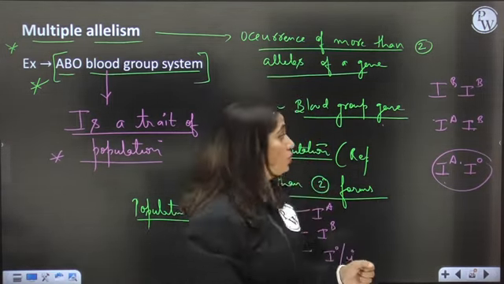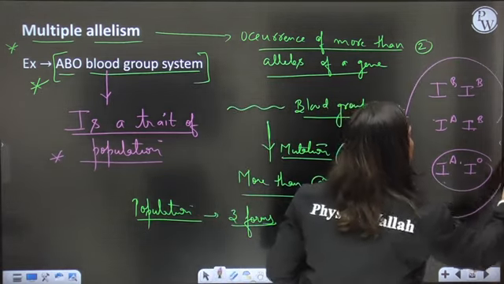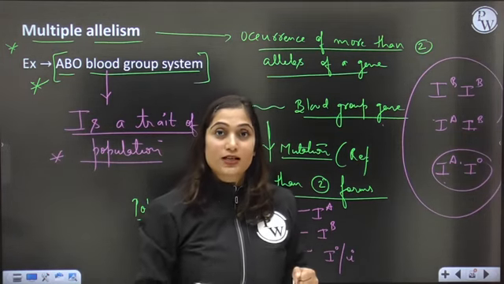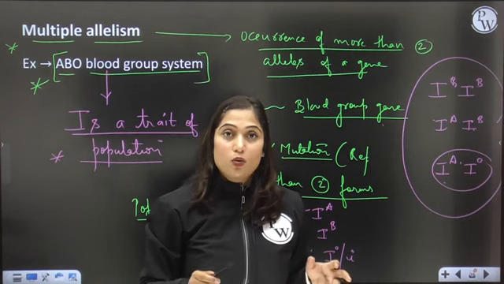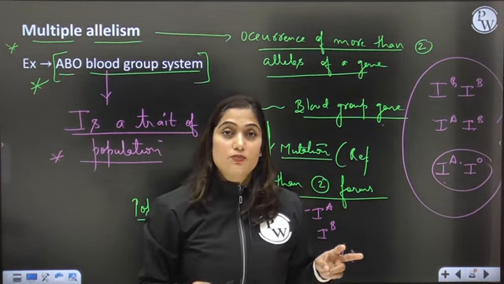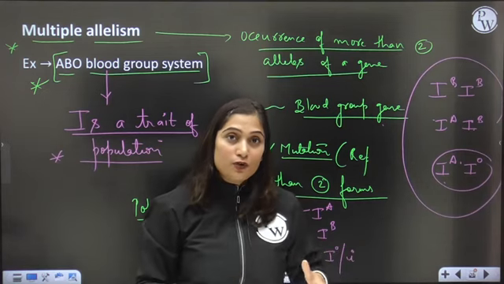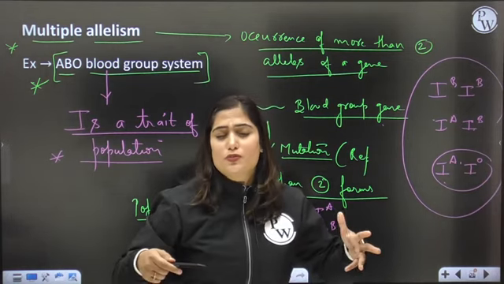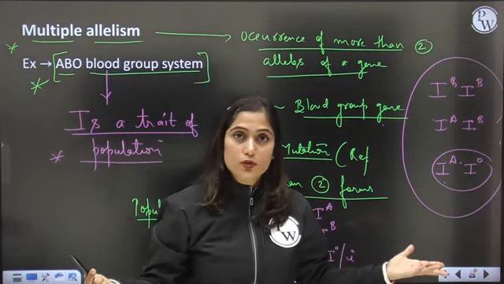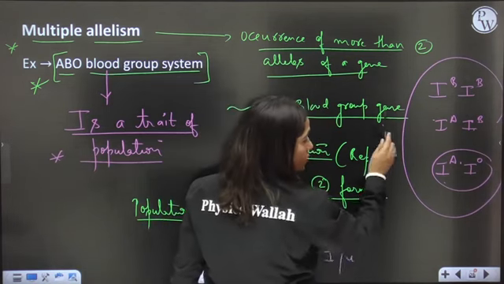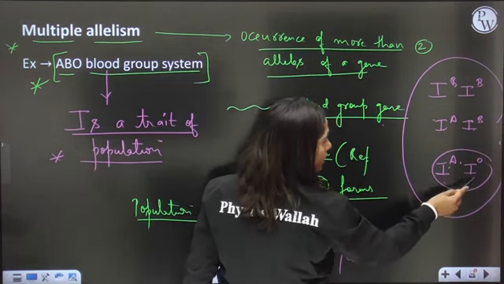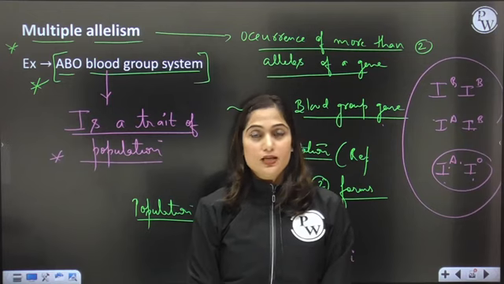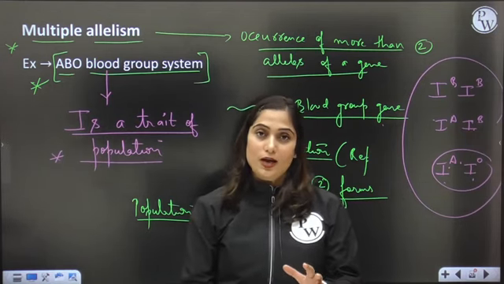That means you will have to study the whole population to understand the phenomenon of multiple allelism, because at the max you can see only two different forms of a same gene in an individual. But if you want to see more than two forms of a gene, you'll have to take help of the population. Suppose this is a population, 1, 2, 3. How many forms can you see? Three. So this is how multiple allelism cannot be studied in an individual but in a population.